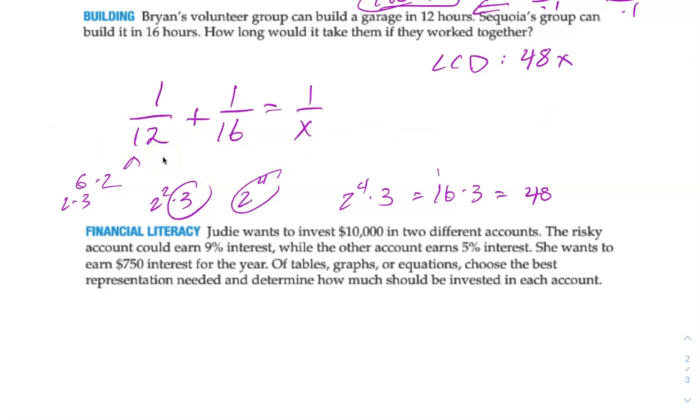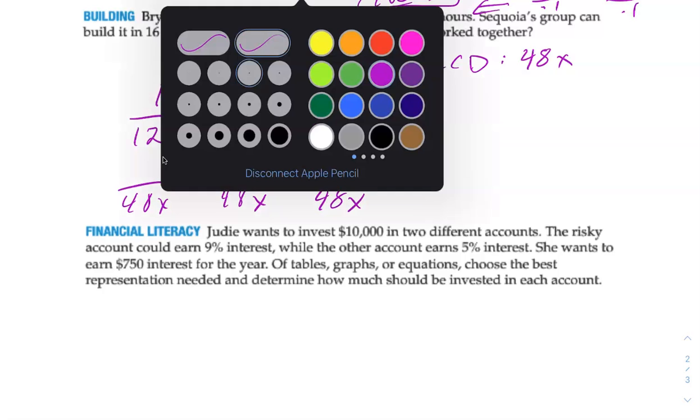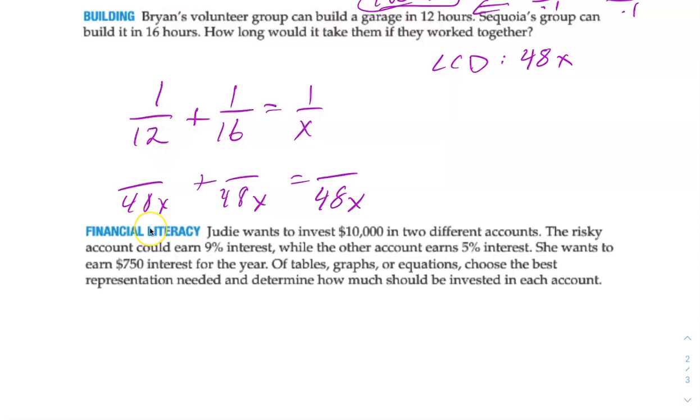So we do what we always do. Solve it like a normal problem. So how do I get this to be 48x? Well, to get from 12 to 48, you multiply by 4x. Right? I have the 12, but I need to get a 48.